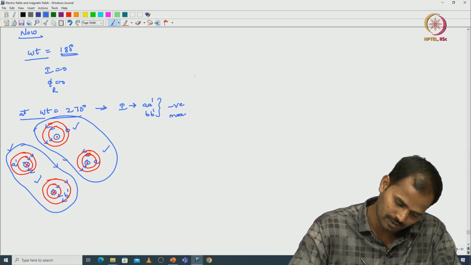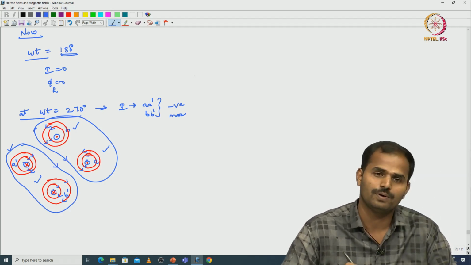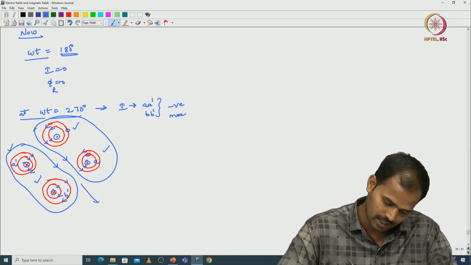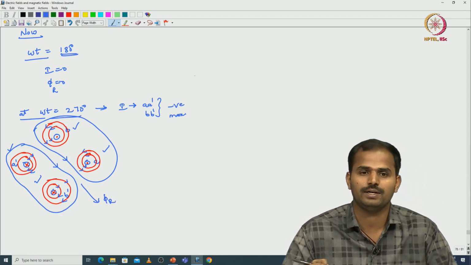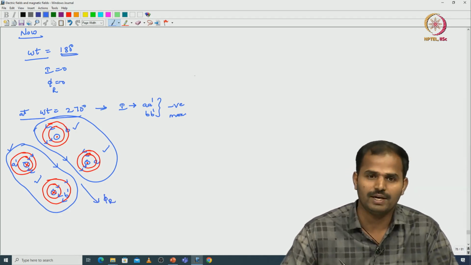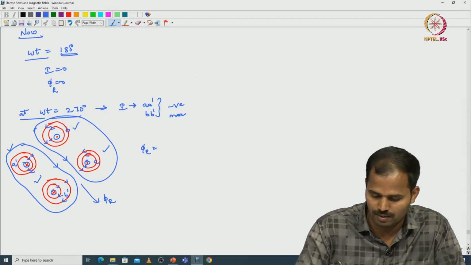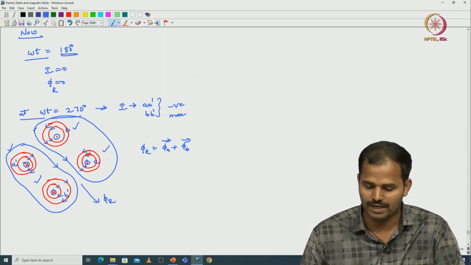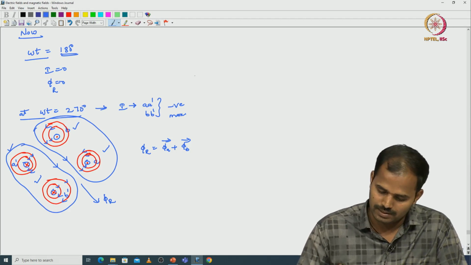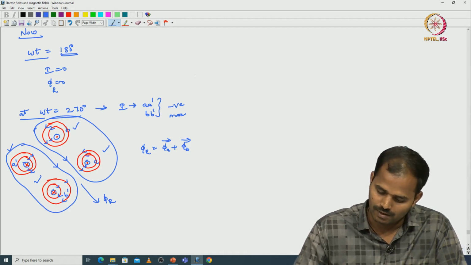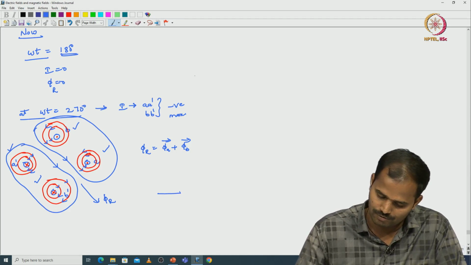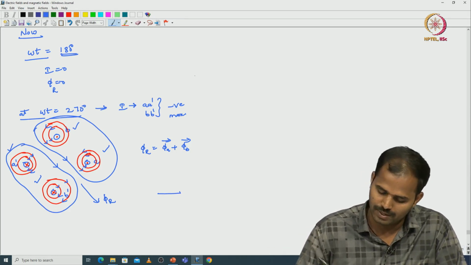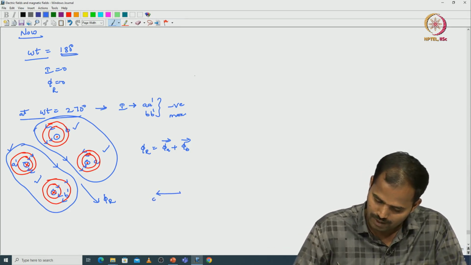So, the resultant flux loop direction is also the same, and these are the resultant flux vector directions. This is phi r. Here phi r is a combination of phi a vector and phi b vector. If you want to find the magnitude, let us consider the vector plot. Phi a with respect to our reference, phi b is this one and phi a is this one.